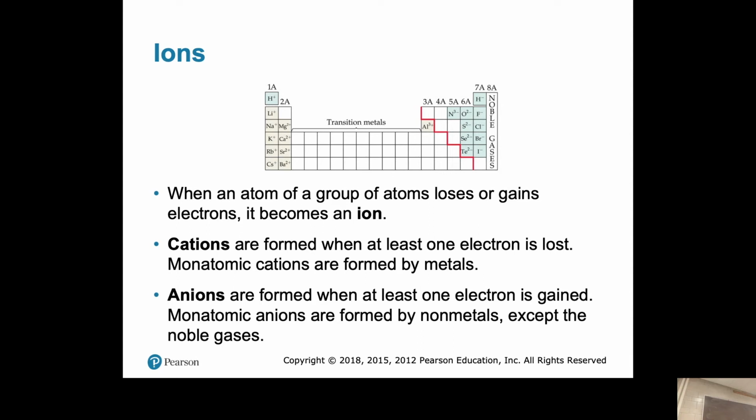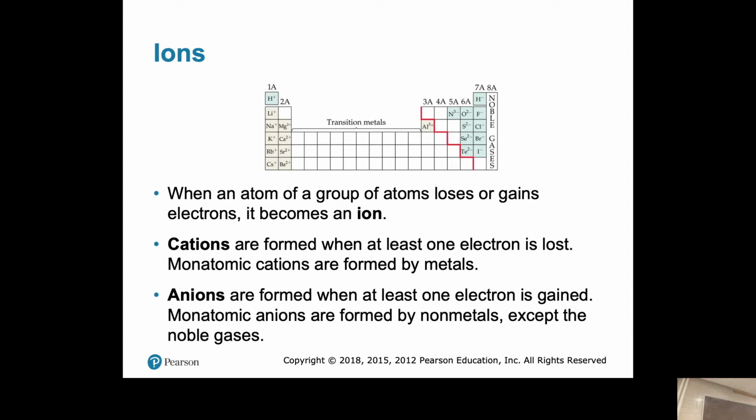So now let's talk about changing the number of electrons. When an atom or a group of atoms loses or gains electrons, it becomes an ion. You need to know that. Changing protons changes the identity of the element. Changing neutrons changes the isotope. Changing the number of electrons makes it a different ion.